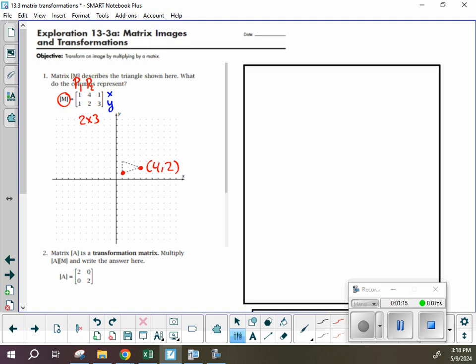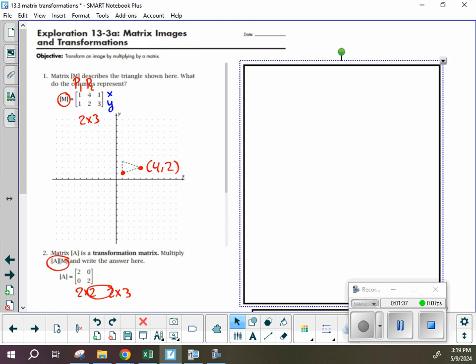Okay, then number 2, you are applying a transformation matrix. We're going to pay attention to the order. If that's a 2 by 3 and this is a 2 by 2, they're going to have to go this way first so that you have a 2 by 2 times a 2 by 3. If we switch those around, which is what the next question was asking, we would have a dimension mismatch. Let me uncover my result here.